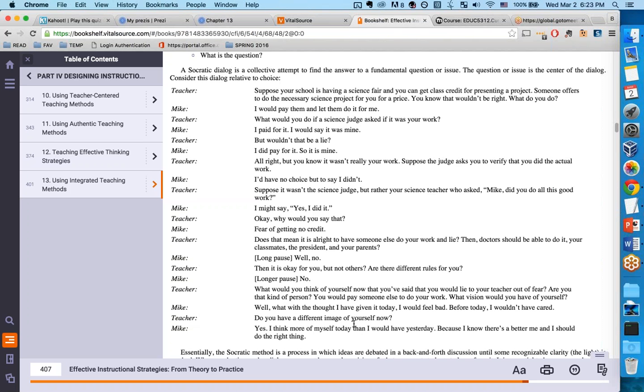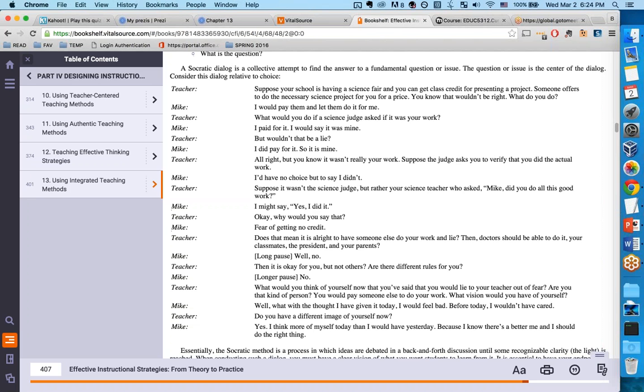So by questioning the student, asking the right questions, the Socratic method, you get Mike to a point where he sees that his thinking is actually wrong. The thing he wanted to do for his science fair project, paying someone to do it for him, is something wrong, and Mike comes to this conclusion after this discussion method.